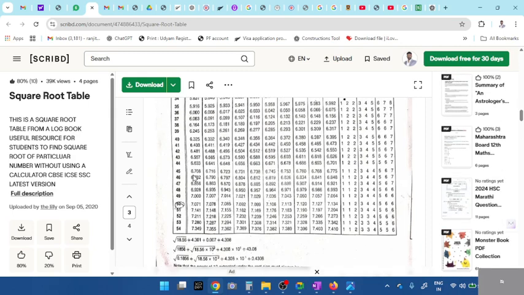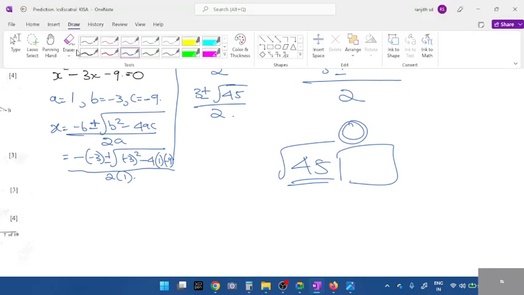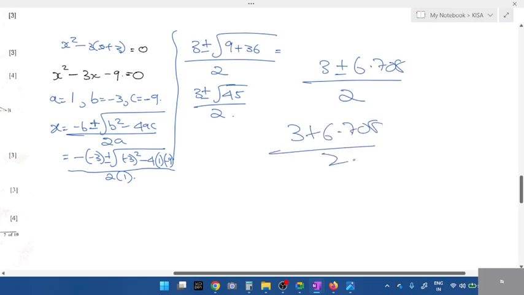What's the answer? 6.708. So don't waste your time using the long division method. You can directly use the answer 6.708. Then how do you solve? 3 plus 6.708 divided by 2, and 3 minus 6.708 divided by 2. Understood? Any doubts in this?